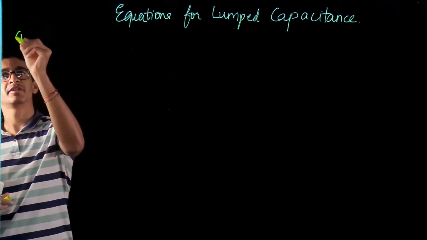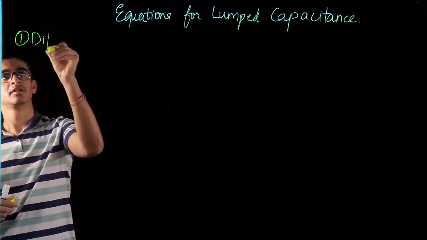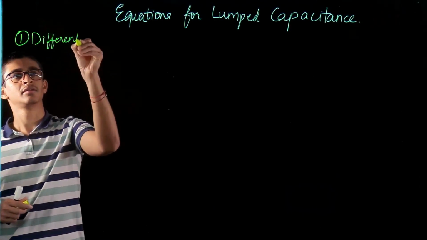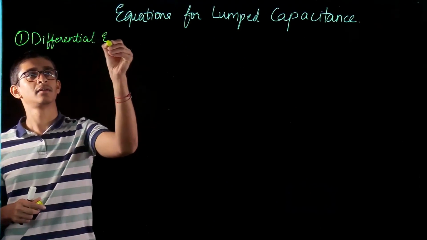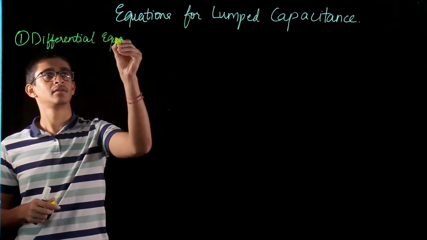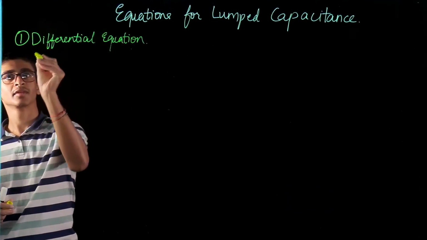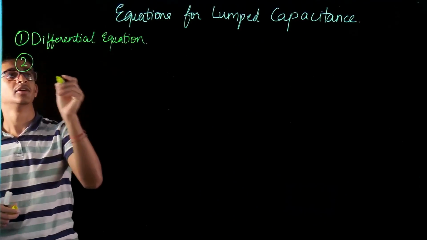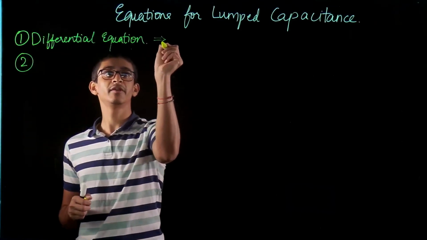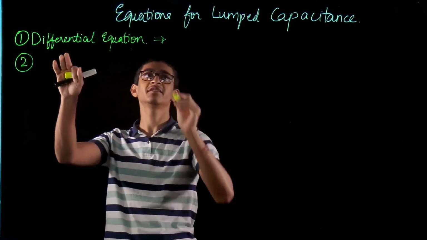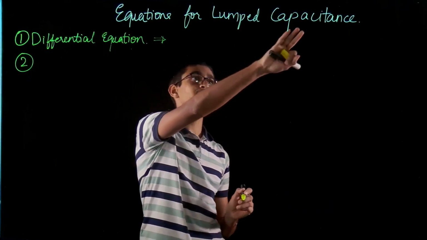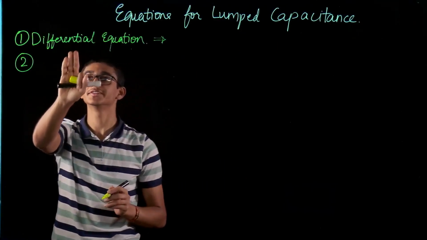The first is the differential equation. Now, this is not the original Navier-Stokes equation. This is the differential equation which is connected with the lumped capacitance. This is the simplified differential equation.